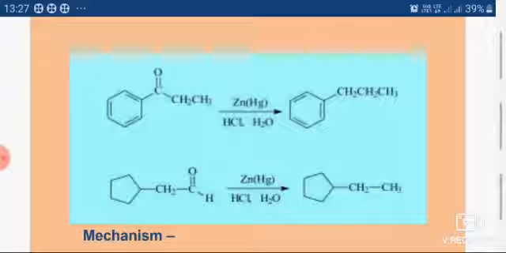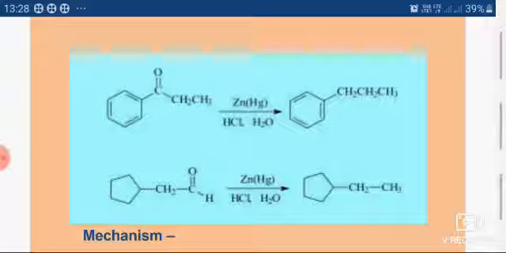Now, looking at examples, here is a 1-phenyl ketone, which we may call ethyl phenyl ketone. It undergoes reduction with zinc amalgam and HCl, and gives n-propyl benzene.